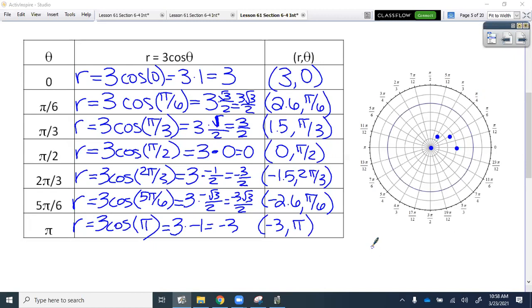All right, so we go 2 pi over 3, but then we have to count backwards. So we're actually using the 5 pi over 3 line to go our 1.5. We go here, 5 pi over 6. We have to count backwards, so we use our 11 pi over 6. And then we go pi, we count backwards, we already have that point.